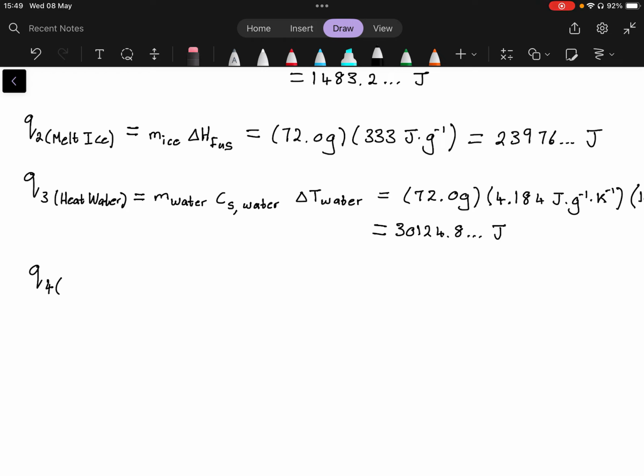Q4 then is the phase change to vaporize the water. So we want to vaporize the water, and that means we use M delta H. So we use the mass of the water times the enthalpy of vaporization.